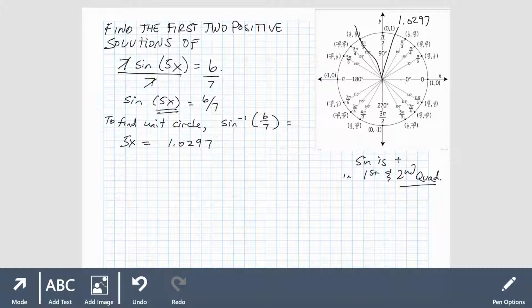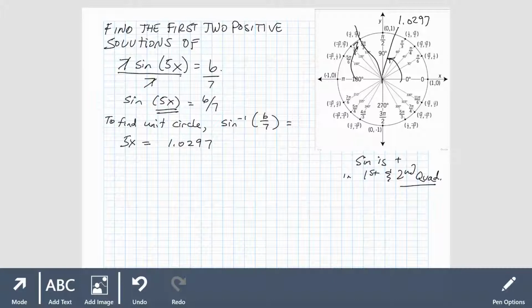Keep in mind when you're finding your other values on the unit circle, we're using that kind of butterfly symmetry from the x-axis. So here's my first quadrant answer, 1.0297 radians up. And because I need my answer to be in the second quadrant, where the sine is positive, I'm going to need to go 1.0297 radians up from the x-axis here. So at this point, I'm starting at pi, but I need to go backwards 1.0297.